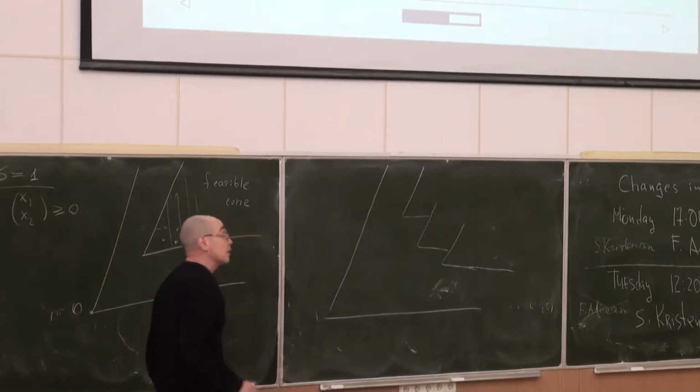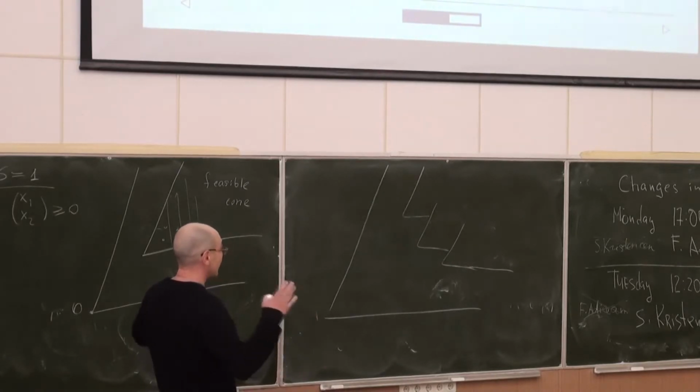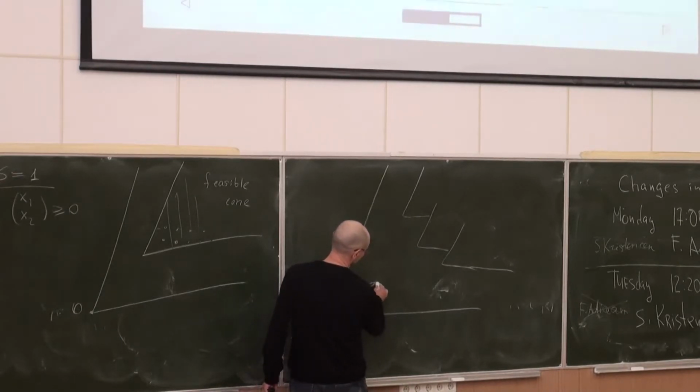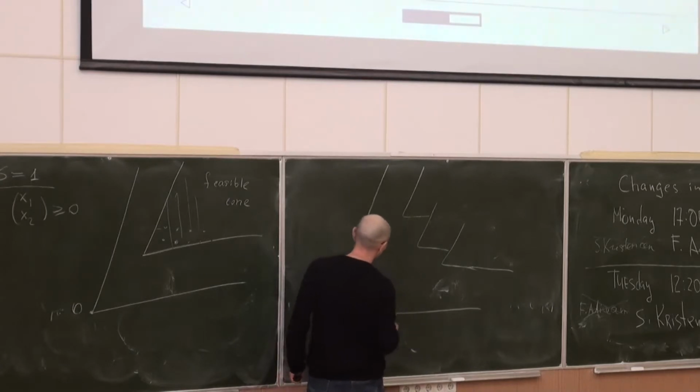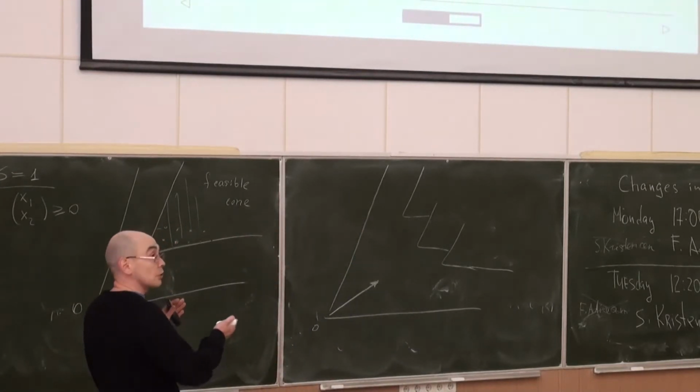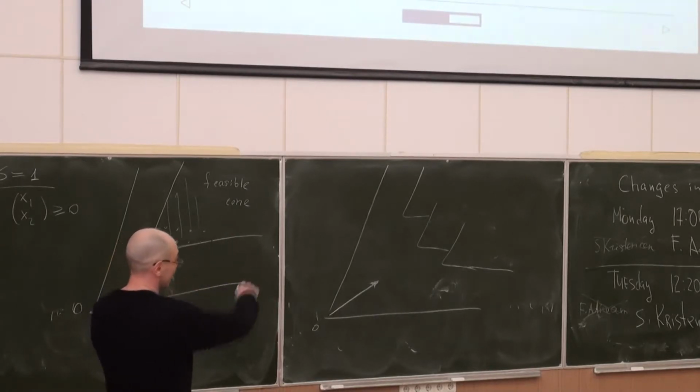So what can we say about the structure of our set? We'll use the following trick. You choose any vector v from the interior of the cone, and we will estimate the location of a feasible cone along this direction.